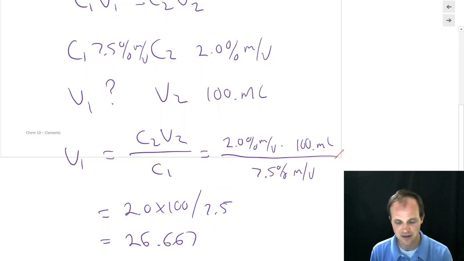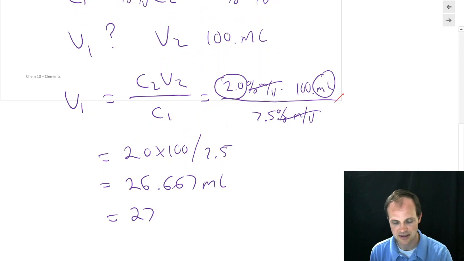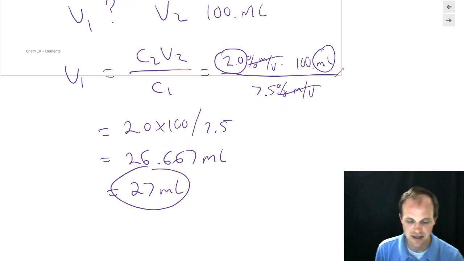How many sig figs do I get, and what are my units? Percent M over V cancels. I get milliliters. And sig figs, I've only got 2 here and 2 in my other one, so I get 27 milliliters. I don't have multiple choice. 27 milliliters is what I find.